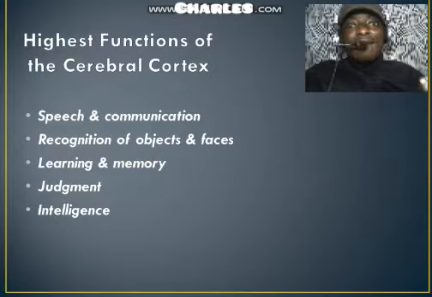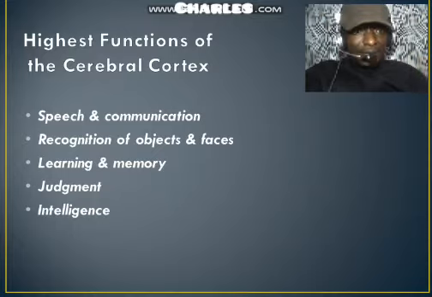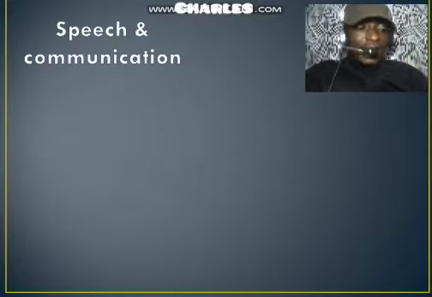All these are functions that are exclusively found in only human beings. All right. We'll take speech and communication today. In subsequent lectures, we'll look at other highest functions of the human mind, like recognition of faces and learning and memory, and so on and so forth.